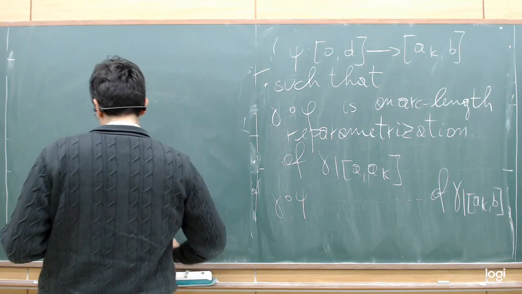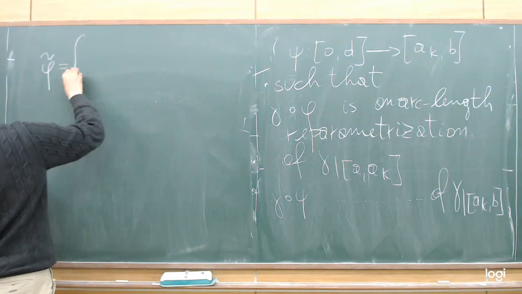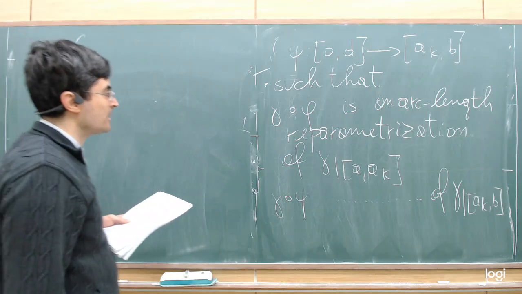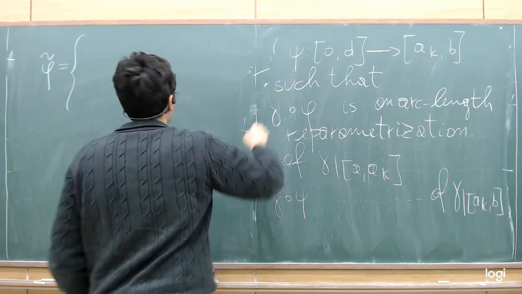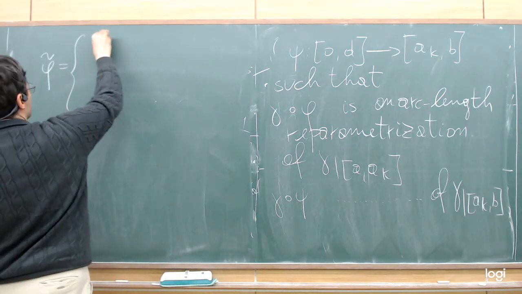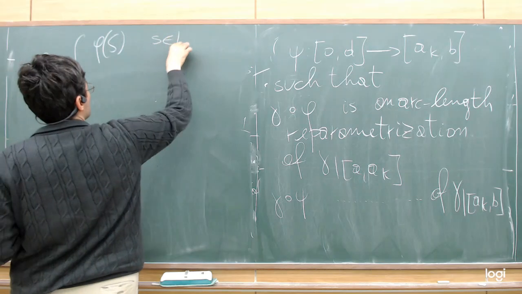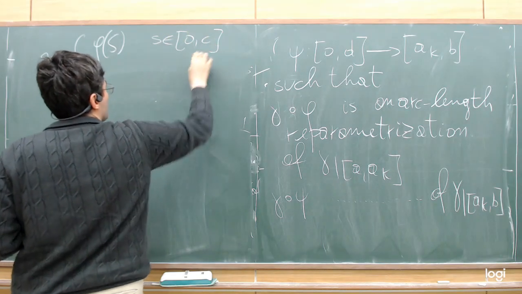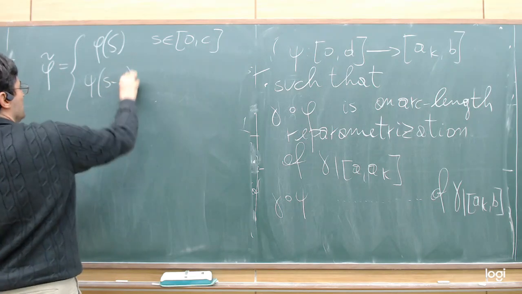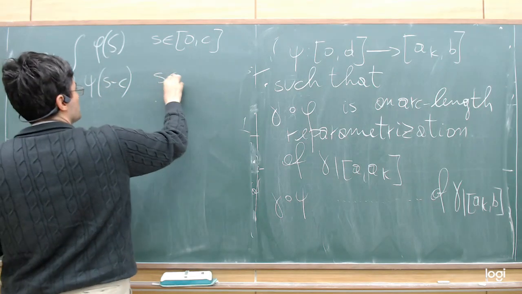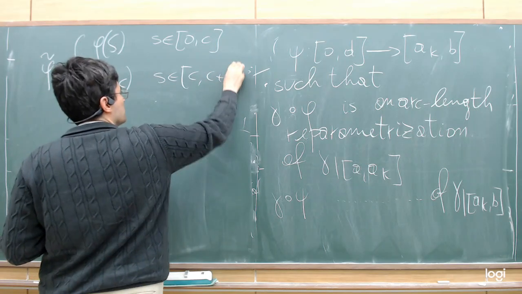We define a new map, phi tilde, essentially gluing together phi and psi. This is phi of s if s belongs to [0, C], and psi of s minus C if s belongs to [C, C plus D].